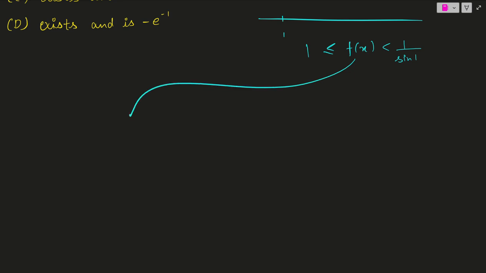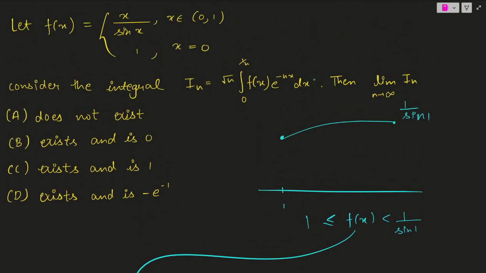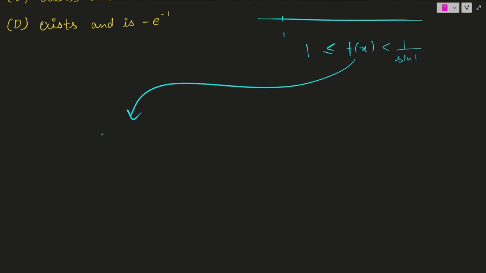Now what we have to do is just manipulate this inequality to get to the answer. The first thing we can do is analyze the integral. We can see that e raised to power minus nx is a positive number, so we can just multiply it in the inequality and it won't change the sign.